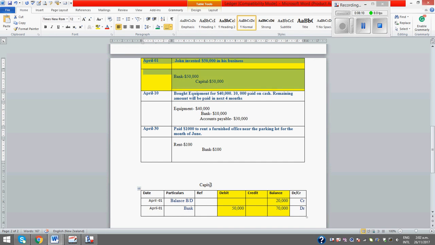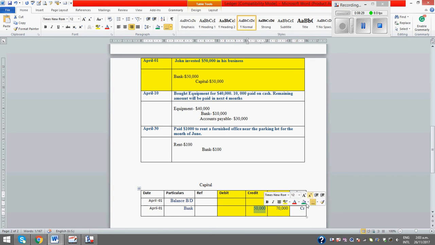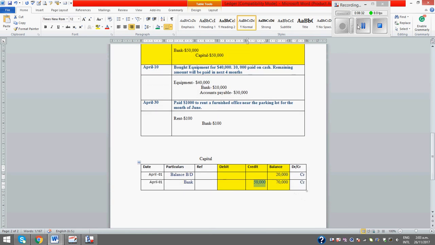Remember we're doing the ledger of capital. So capital is 50,000, which is credit, so you need to write it under credit. Then 20,000, so you can see credit plus credit would be credit.